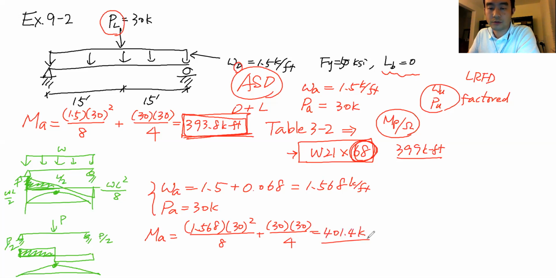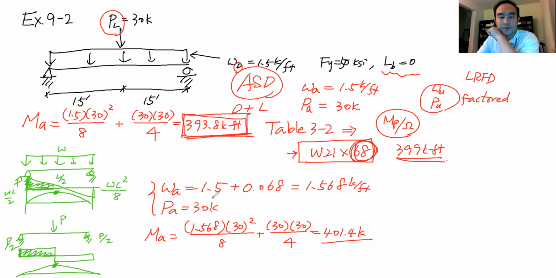401.4 kip-feet. Okay. So earlier, I pre-selected W21x68 based on the given dead load and live load, and the corresponding capacity was 399 kip-feet. Now, if this is a good enough section to support all the load, including the self-weight, the corresponding capacity should be larger than the demand.